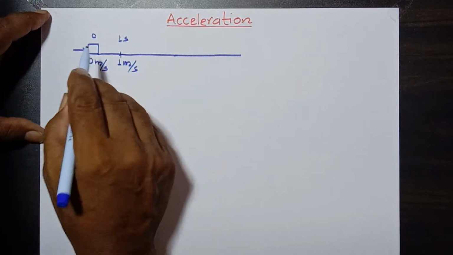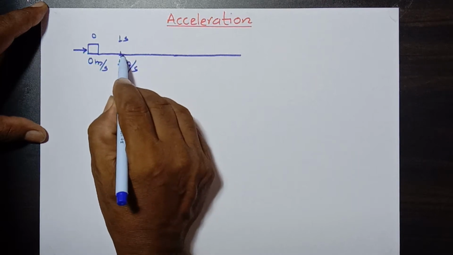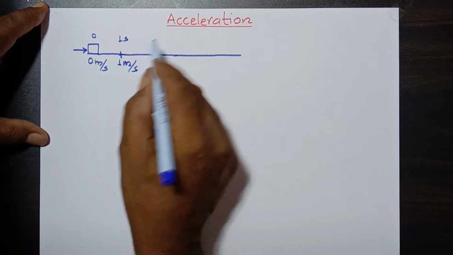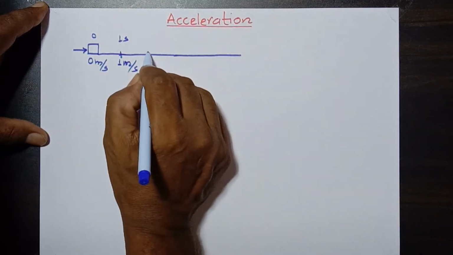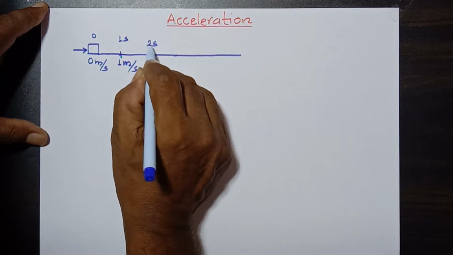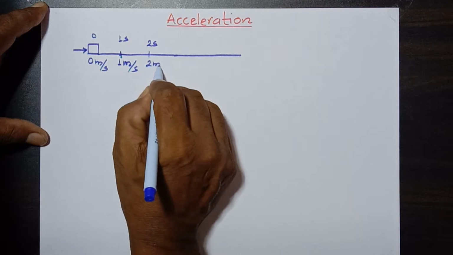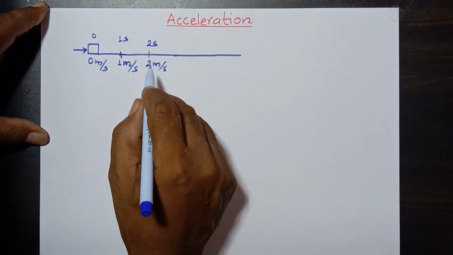Now if the same constant force is acting on this body, then in the next 1 second it won't cover only 1 meter distance, it will cover more, maybe 2 meters. And that's why at the end of the second second its velocity will be 2 meter per second, because in this particular 1 second it covered how much? 2 meter distance.